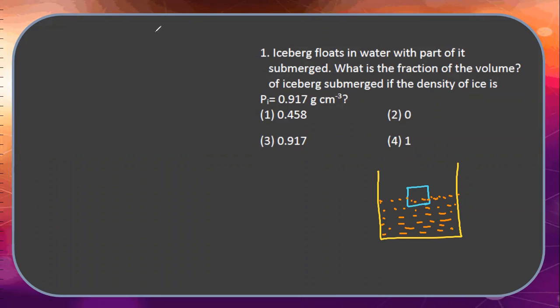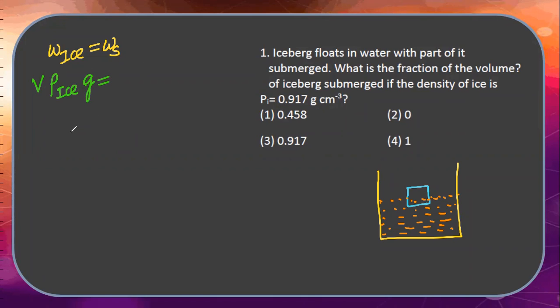Then the weight of the iceberg is equal to the weight of the liquid displaced by the submerged part. That is V, rho for the density of the ice, into acceleration due to gravity, is equal to the weight of the displaced water.